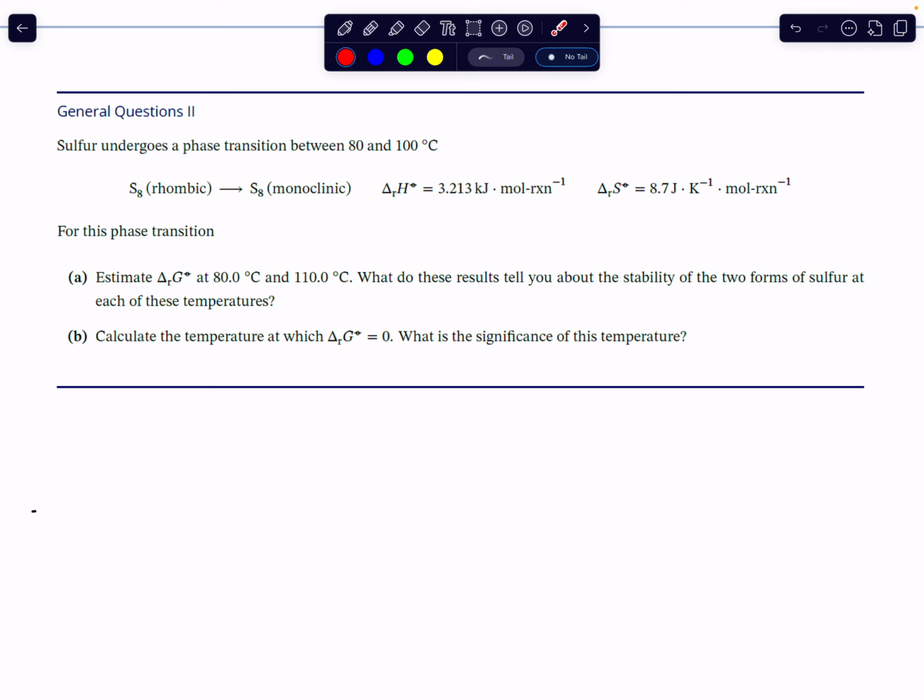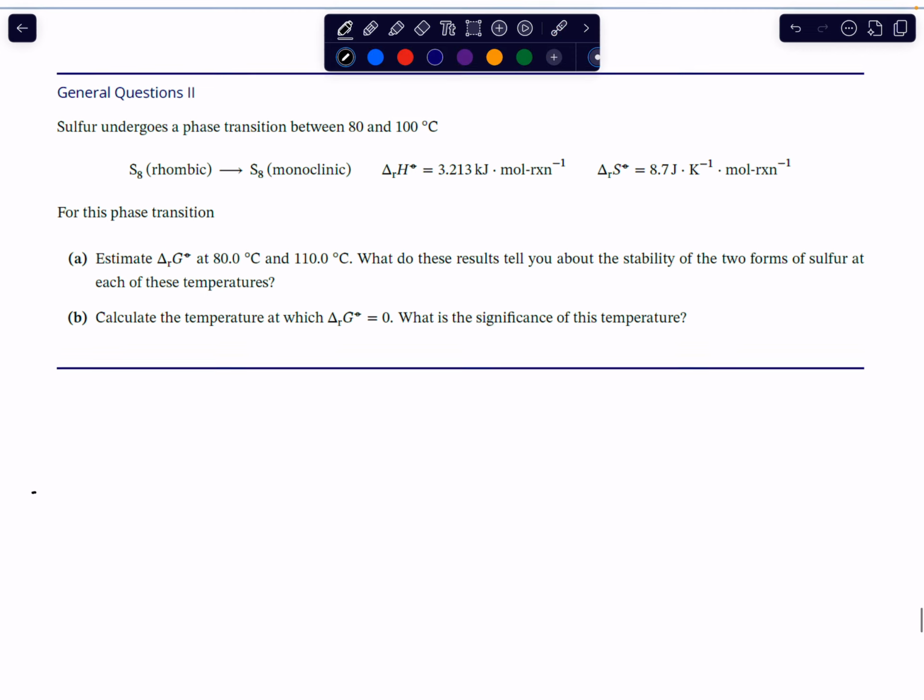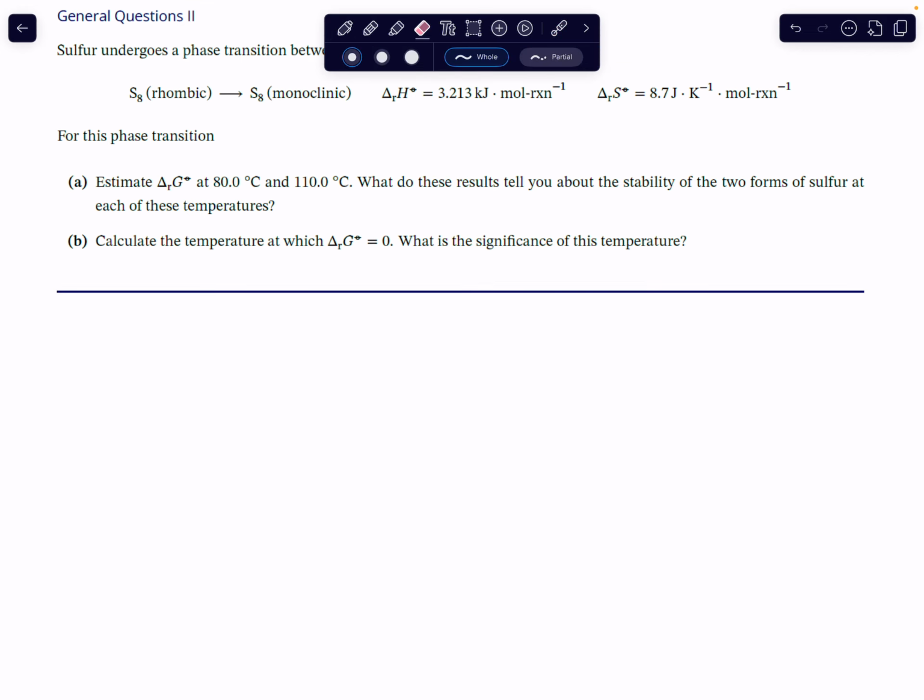In other words, where the phase equilibrium exists in a perfect equilibrium, where both of these two phases are perfectly balanced, present in equal amounts, right? And then discuss what the significance of that temperature is. So I've kind of given away what we're going to look at there, but you can think about that for so long. So let's look at question A.